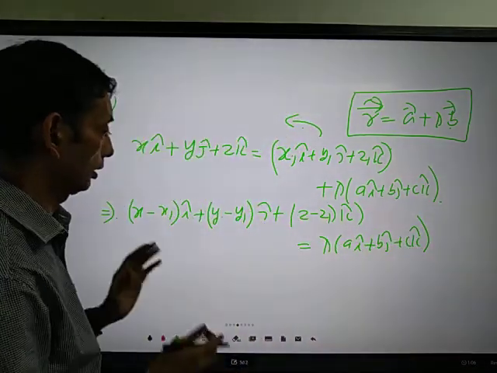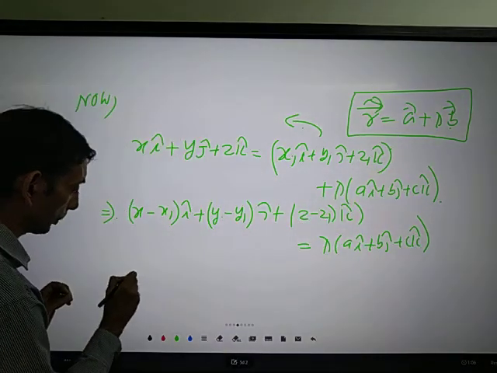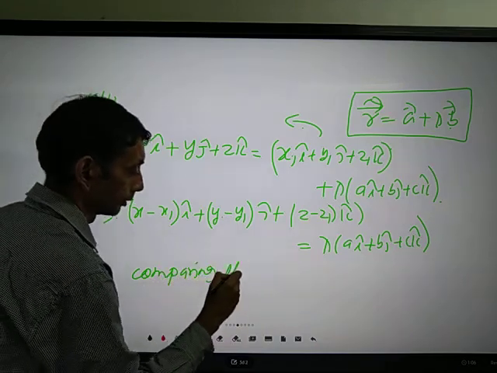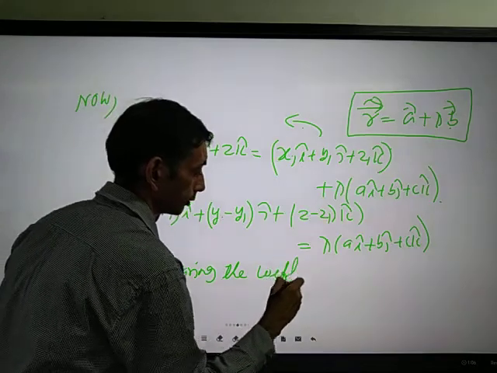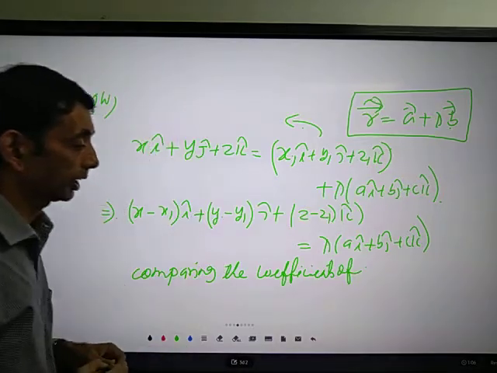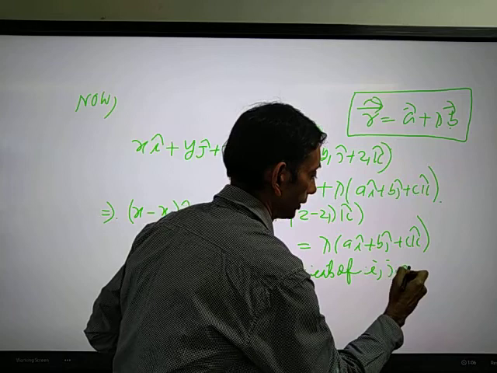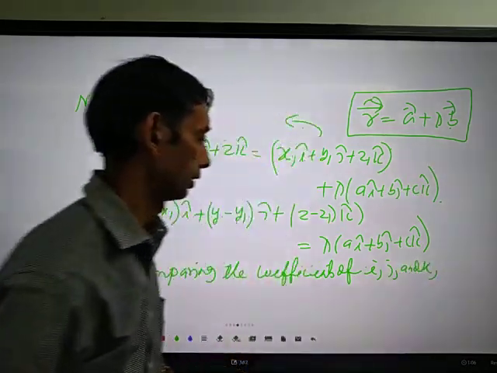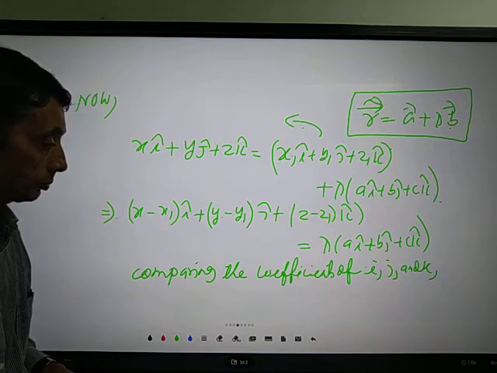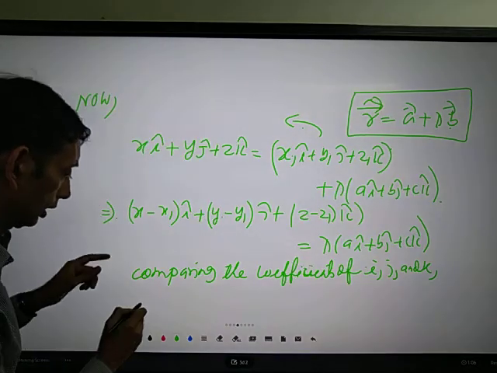Now let us compare the coefficients of i, j and k from both sides.